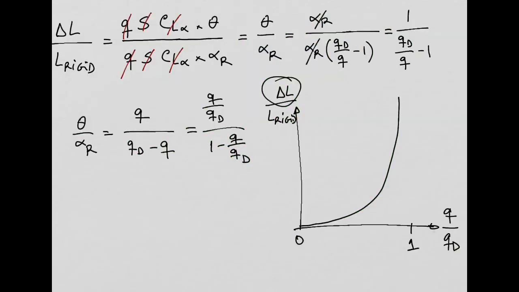Of course, if you look at this plot, imagine this point here, let's say 0.6. It means your Q over QD is equal to 0.6. Or if you want, your dynamic pressure is equal to 0.6 your divergent dynamic pressure. So you are getting closer.